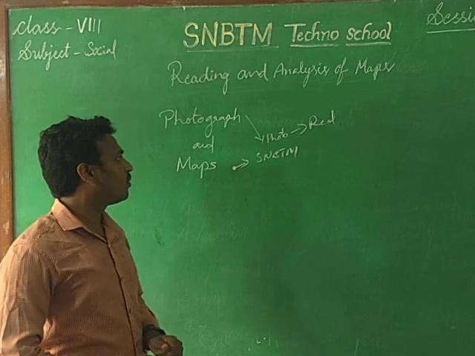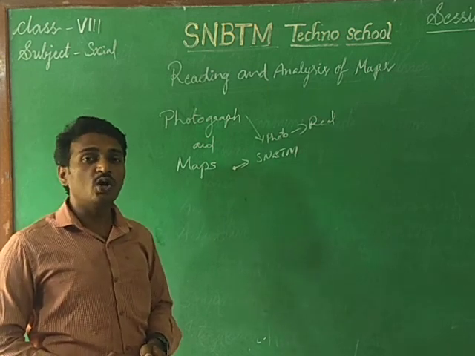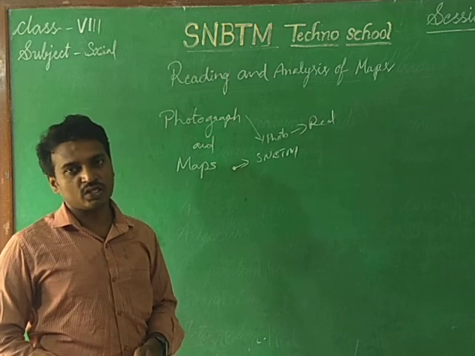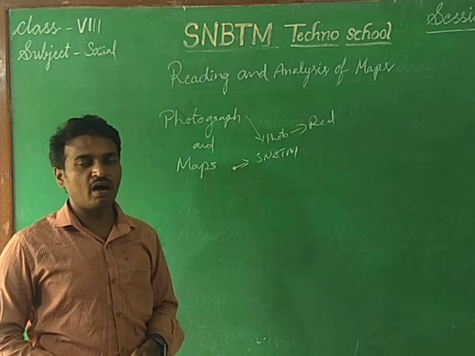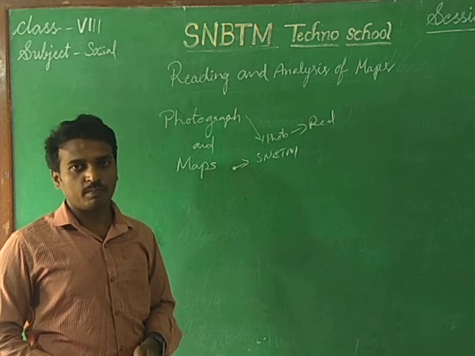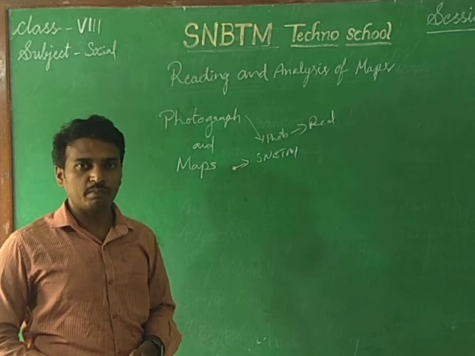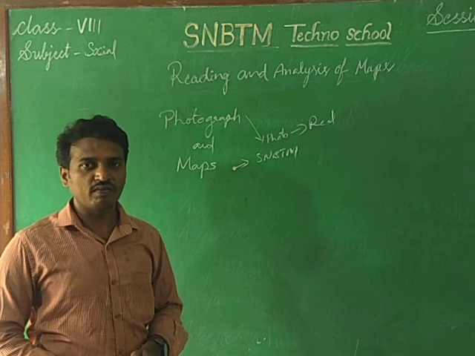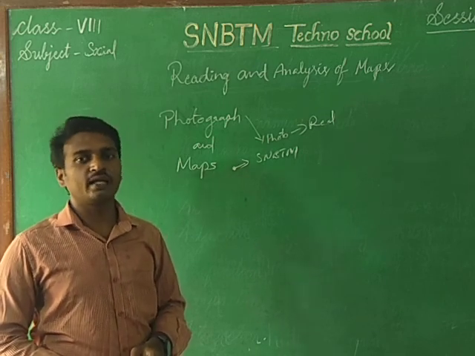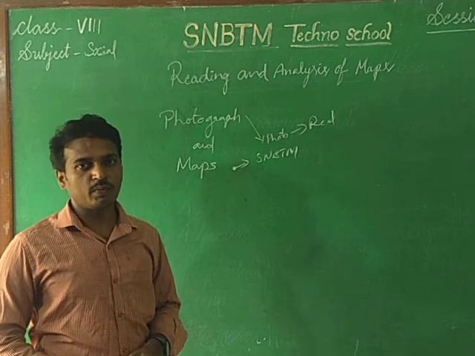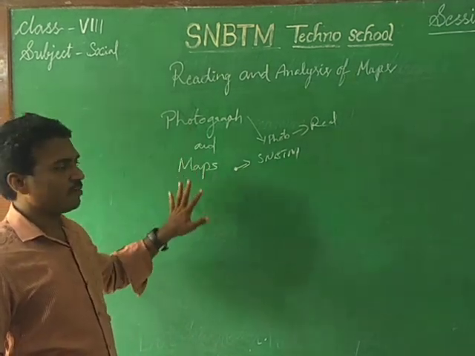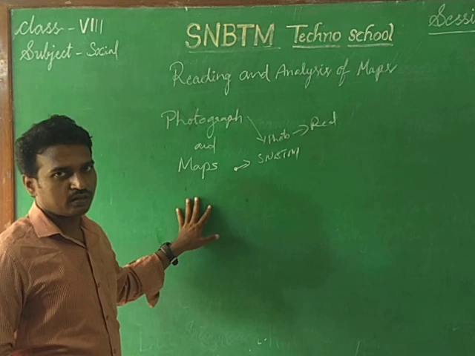But geographers leave out many real features while preparing the map, and only then do we have the possibility to know about the particular place or area. At the same time we can get more information about the particular area also. This is the difference between the photograph and map. Getting my point till here?